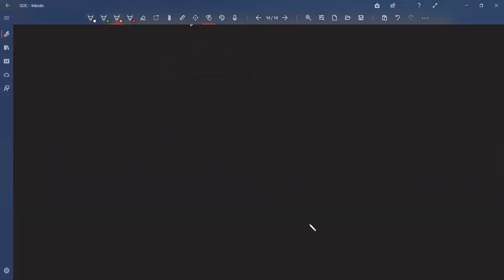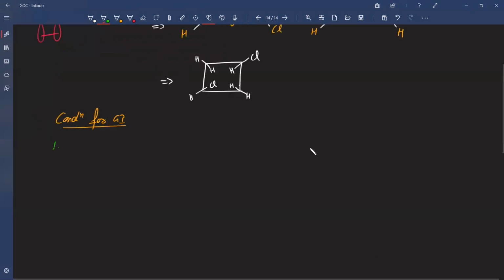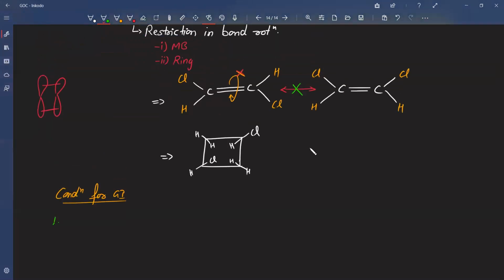Okay, so what should be the conditions for geometrical isomerism? Let's see that. The first condition is there must be restriction in rotation, which we have already seen. And restricted atoms should have different substituents. If you go back to the previous example, where we have chlorine, chlorine, hydrogen, and hydrogen, what if all four are hydrogen, or all four are chlorine?